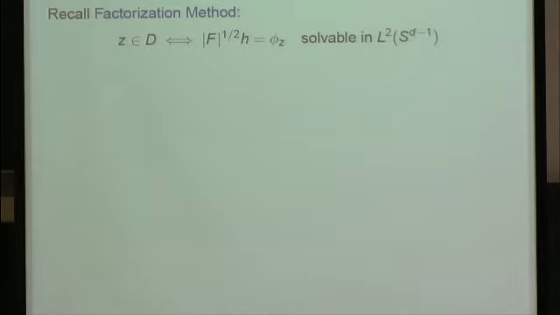So recall the factorization method. Phi z in the range of f means that this equation is solvable in L2. That is the range condition for this operator, which I wrote in terms of an equation. We have seen that, going back to the case that f is normal. Otherwise, you have to replace that by this f sharp.